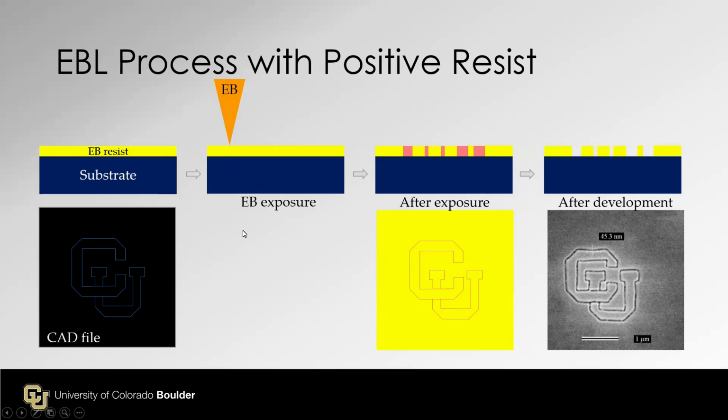the outline here. After exposure, what happens with the positive resist? Well, with PMMA, electron beam energy breaks down the backbone of the polymer. So it makes smaller segments after exposure, and those smaller segments can be washed away during the development step.